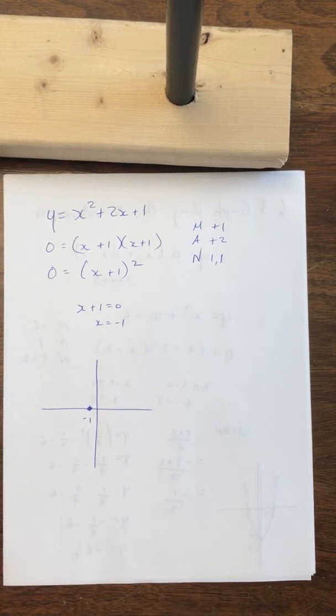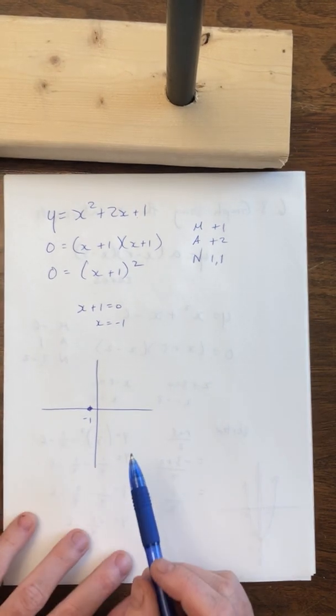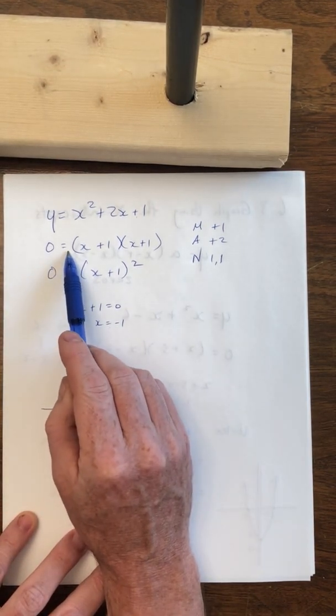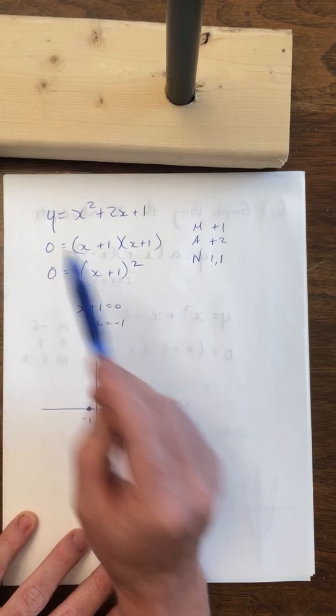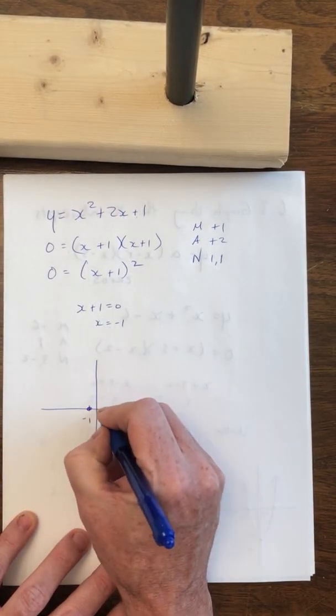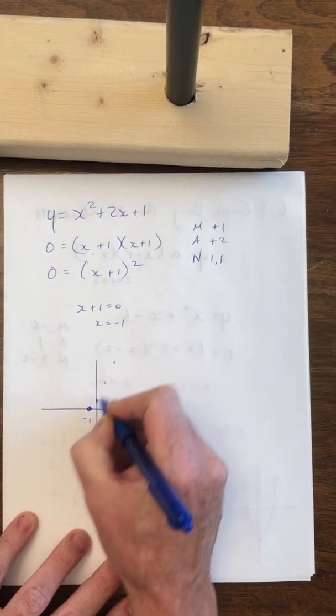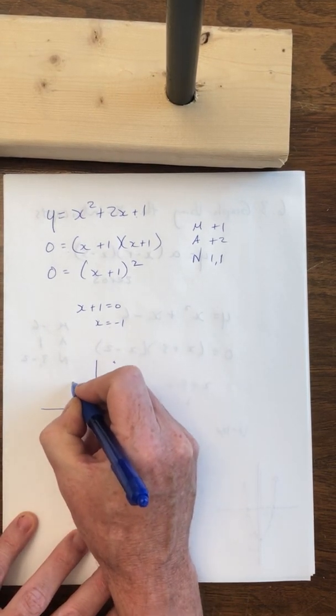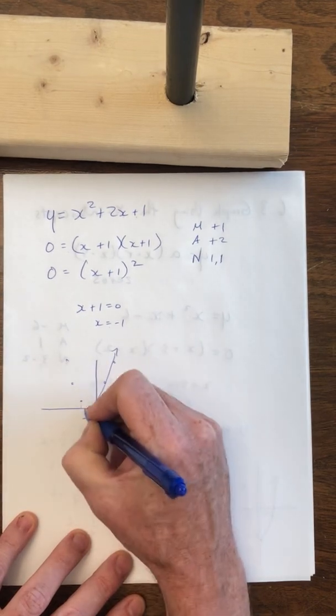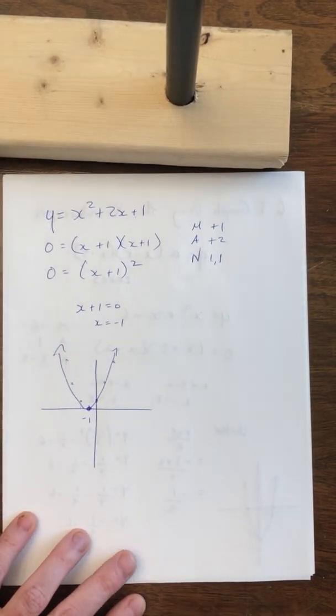I can see that this graph is opening upwards, and there's no stretch or compression because I don't have an a value out here. So this is going to be over 1, up 1, over 2, up 4, over 3, up 9, and likewise on the other side.